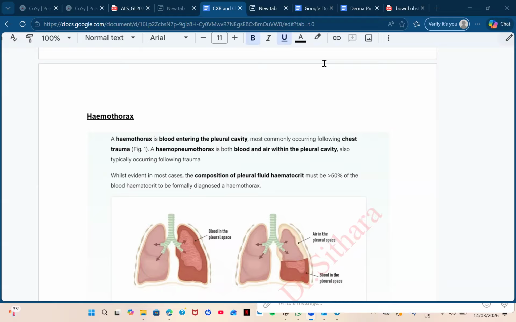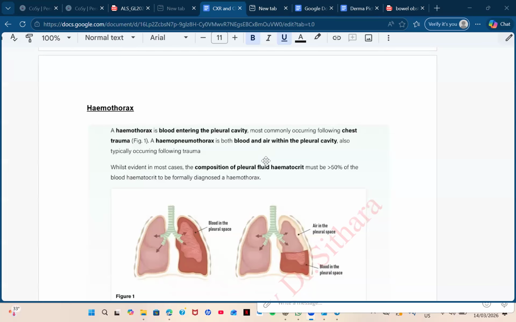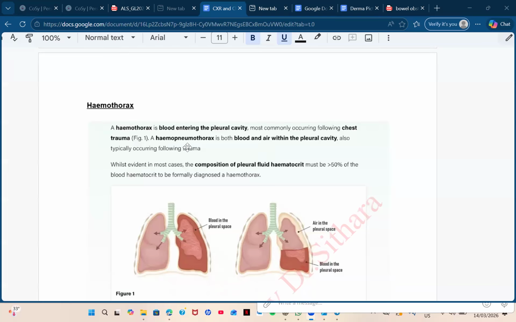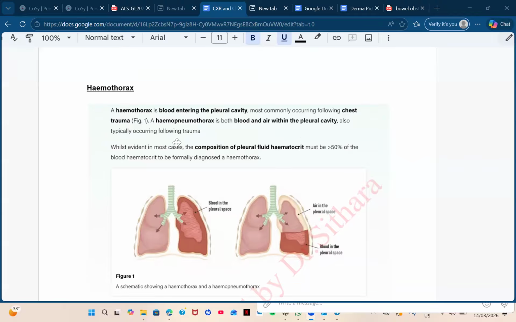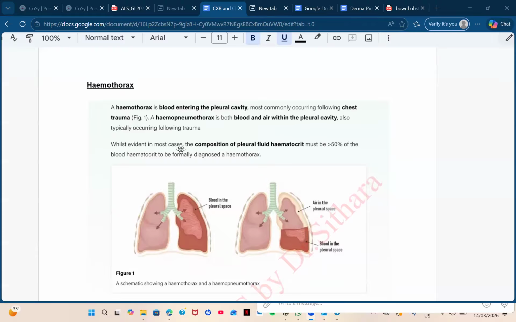Usually with a road accident, or in the history they have given some injury or some trauma, right? And in most cases hemothorax and pneumothorax are present at the same time, and we call it hemopneumothorax, right? So hemothorax, blood enters into the pleural cavity, most commonly occurring following chest trauma, and hemopneumothorax is both blood and air within the pleural cavity, usually occurring after trauma.